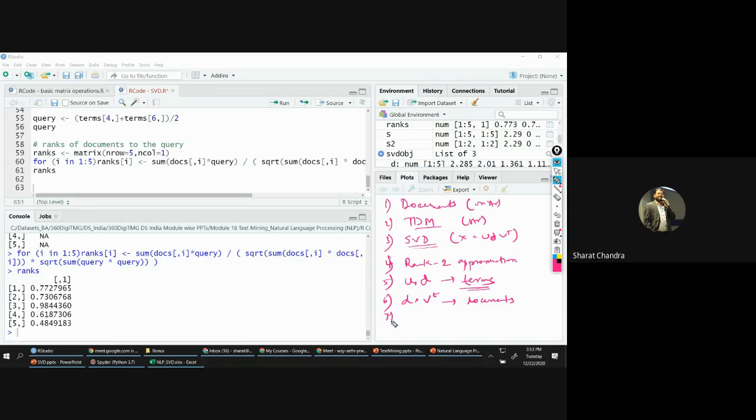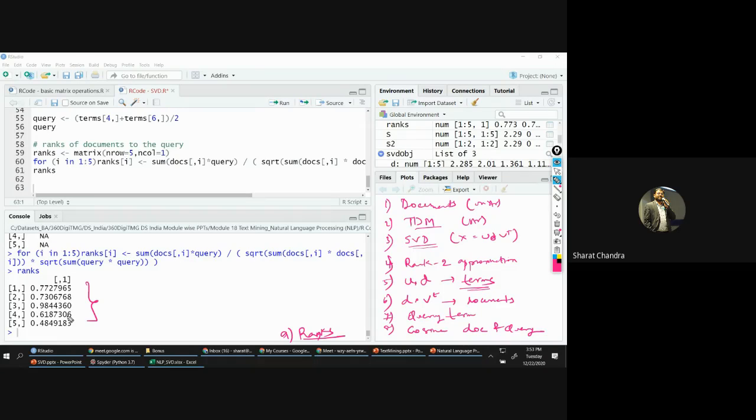Then we took the query term, dice and dagger, and took that query's weightage from the terms matrix, and then we performed cosine based similarity between documents and the query term. This gave us the ranks, and based on the ranks we publish the documents.